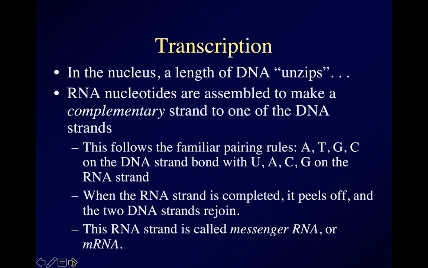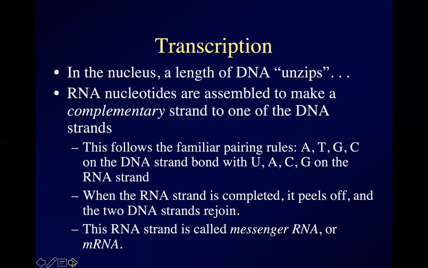And there's a set of enzymes that do this. There's one in particular called RNA polymerase that assembles RNA nucleotides, which are floating around in the nucleus, to make a complementary strand to one of the DNA strands. So this follows the old familiar pairing rules. If you have an A on the DNA strand, it will match with a U on the RNA strand.